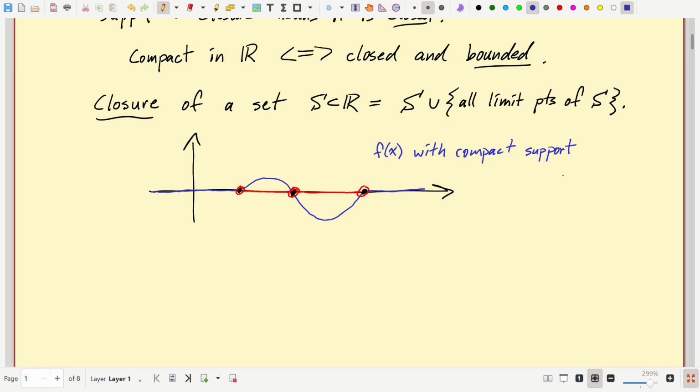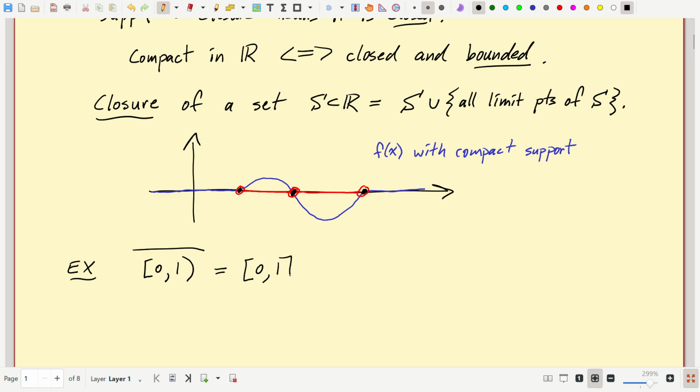Here are some examples of the closure of a set. If I take a set like the interval from 0 to 1, with 0 in but 1 out, then the closure of that set would just toss in the point 1 that's missing.